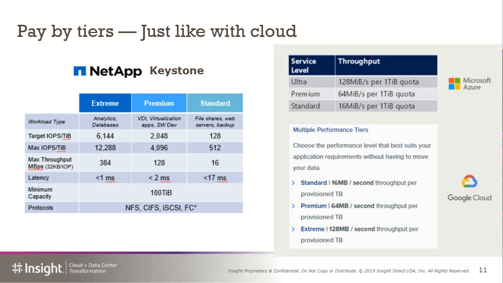Again, for those of you that did go and Google it, you probably saw on Google, Cloud Volumes has these tiers of service: standard, premium, extreme, good, better, best. And on Azure NetApp Files, standard, premium, they called it ultra instead of extreme. AWS, same thing. And you'll see in Keystone, there are tiers: standard, premium, extreme.